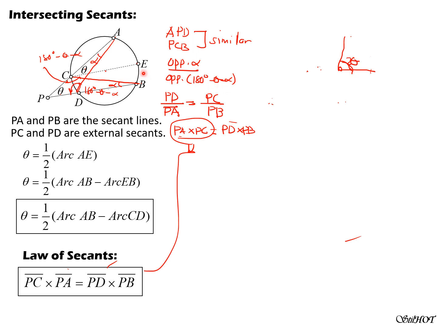In this triangle APD, opposite of alpha is PD, and the opposite of this angle is PA, equals, in this triangle here, the opposite of alpha is PC, and the opposite of this angle here is PB. So rearranging, cross multiplying, PA times PC equals PD times PB, which is this law of secants.